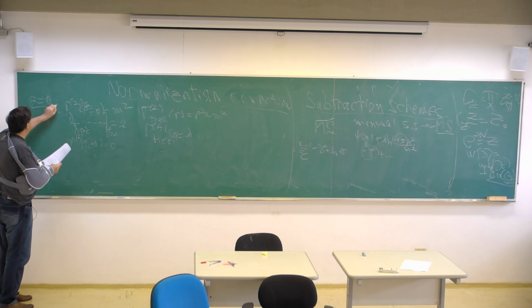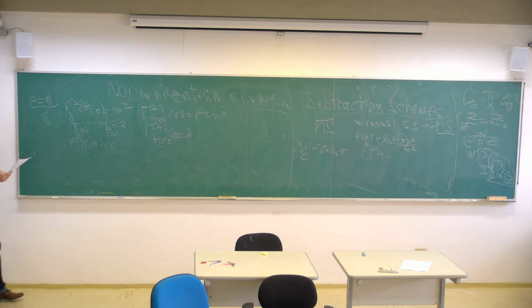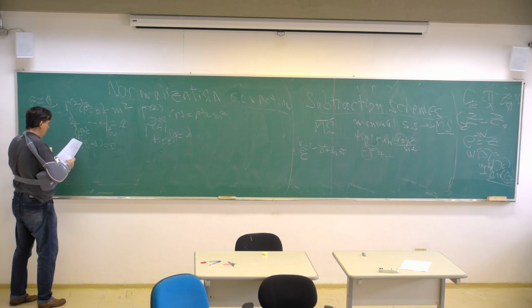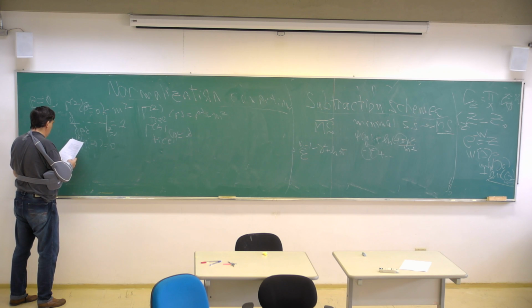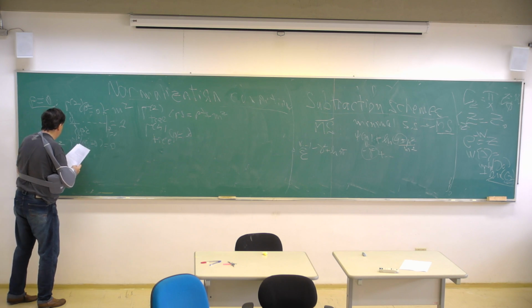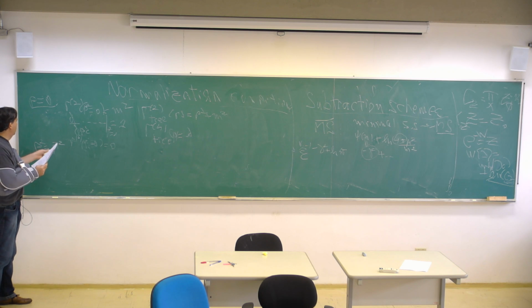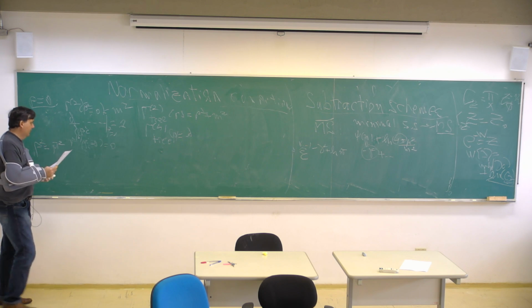And P equal to 0 is nothing special, so I can define this at some P squared equal to mu bar squared. That's another possibility. So P squared now is some scale.